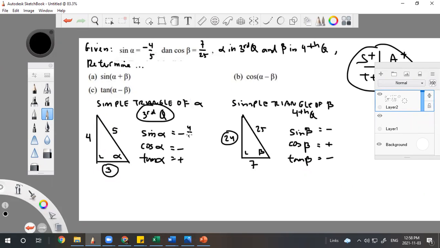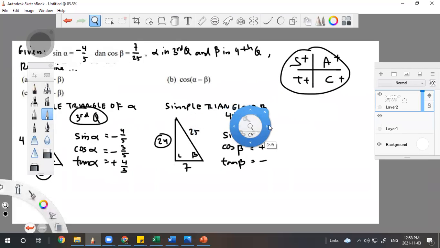Ya udah nggak usah dipikirin lagi. Cos, adjacent over hypotenuse. Tan, opposite over adjacent. Right? And sine also, what is sine? Opposite over hypotenuse. The sine B is 24/25.